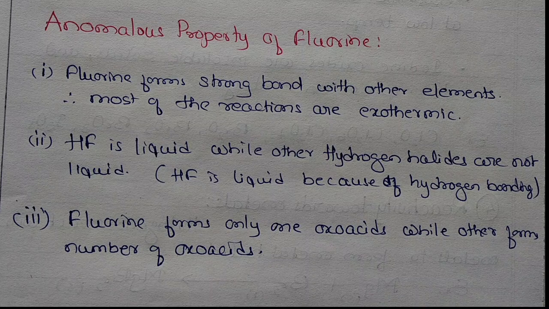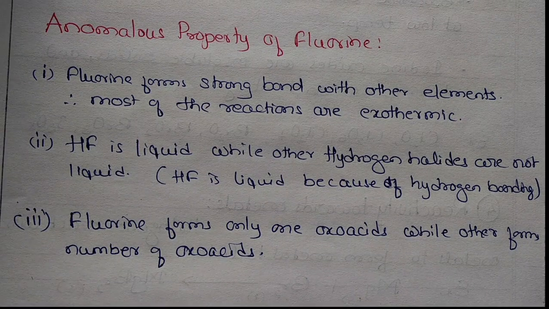One method of preparation of chlorine is by heating manganese dioxide, MnO2, with hydrochloric acid.